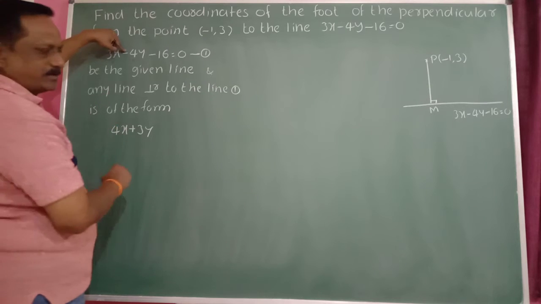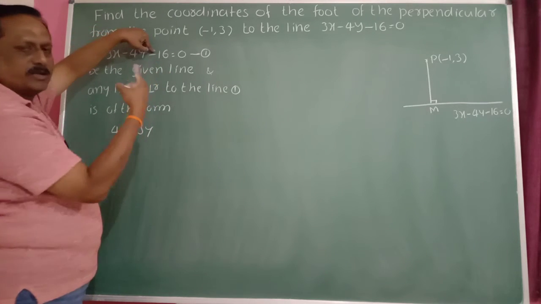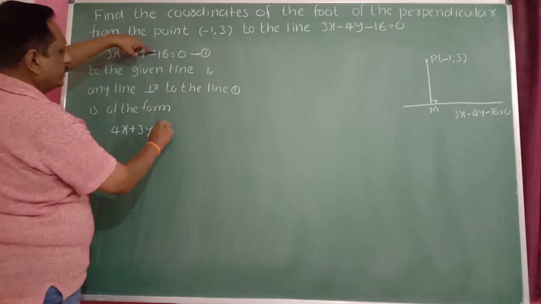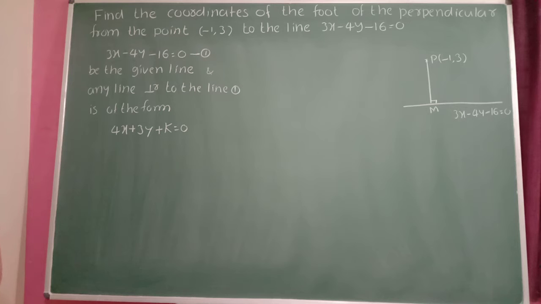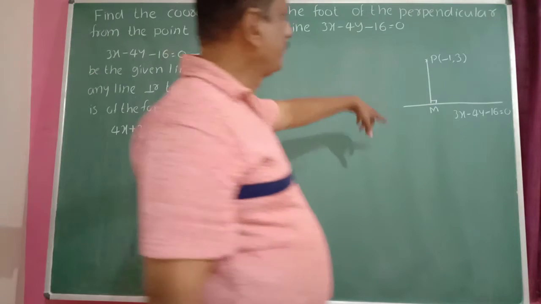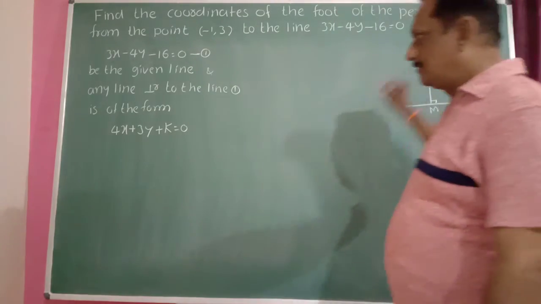Means change the sign. Minus is there, so write plus. And for the constant, plus or minus whatever it may be, directly take plus k is equal to 0. So 4x plus 3y plus k is equal to 0 is the line perpendicular to the given line. Then consider this is the line PM itself. That line is passing through the point (-1, 3).